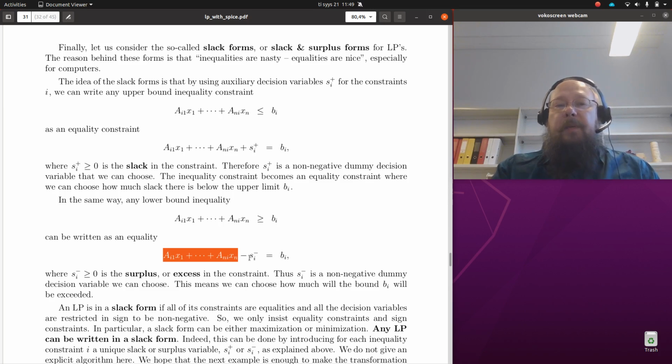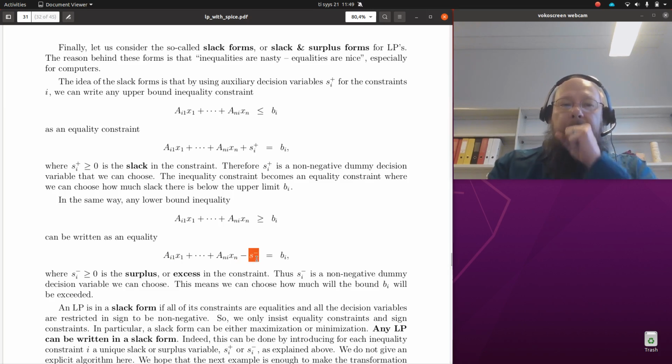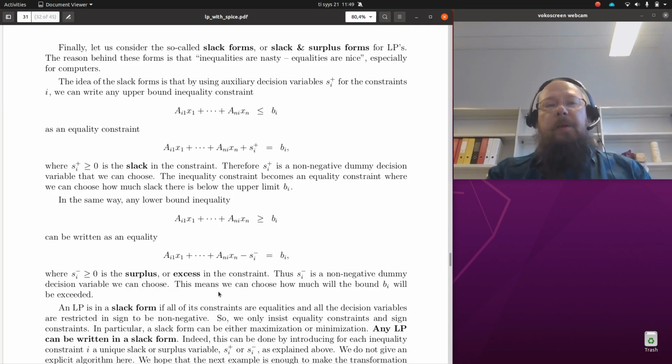And this something positive here is again a dummy decision variable that we can choose. So in some sense this s_i is the surplus we have in this constraint, or excess, meaning how much this b_i will be exceeded in this inequality.